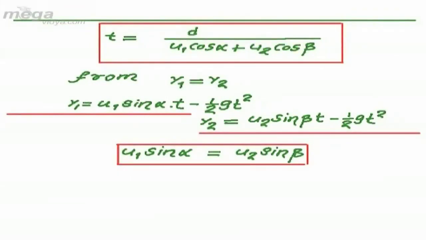You can go through this analysis in order to find the time at which collision occurs, and the condition that the initial velocity components of projection along the vertical direction must be equal. If the y components of velocity of the two projectiles at the time of projection are equal, then they will always reach the same height at any instant.